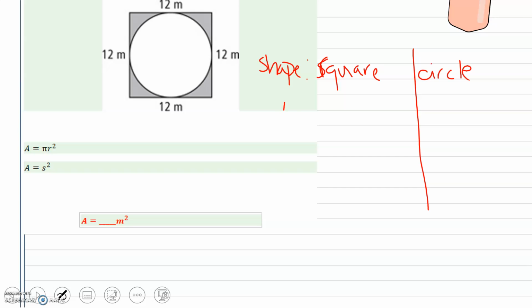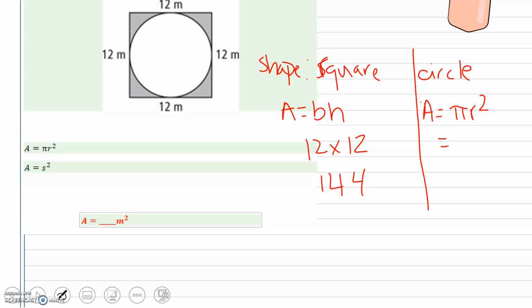And so we're going to solve. For our square, we know base times height, so 12 times 12 gives us 144. Our circle is 3.14 times the radius.